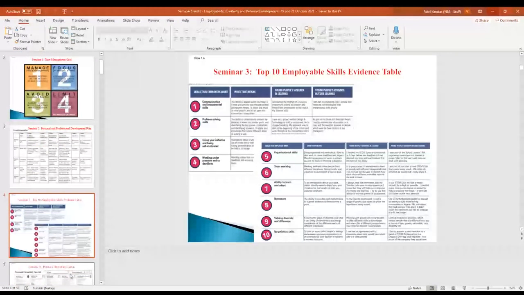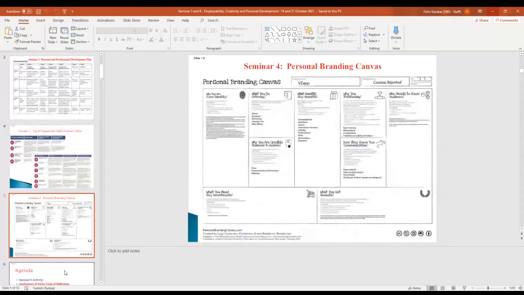In seminar 3, you created evidence for your top 10 employable skills inside and outside your studies. In seminar 4, you created your personal branding canvas and reflected on your employability, how you could position yourself for the job market.